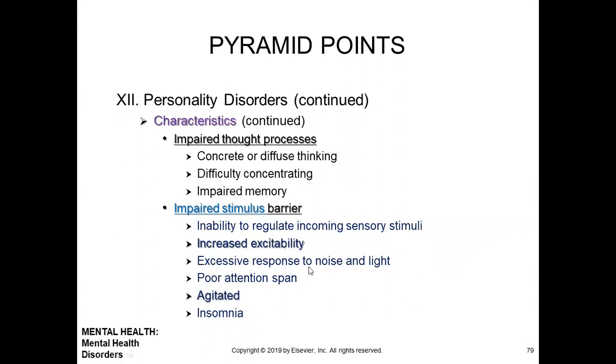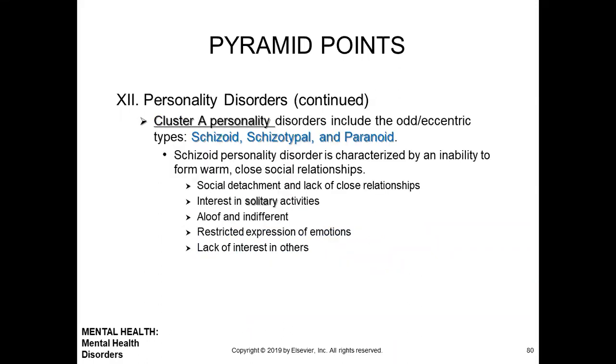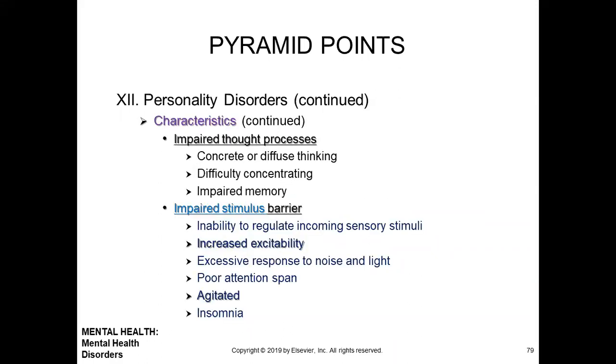Excessive response to noise and light, poor attention span, agitation, and also sleep disturbance or insomnia. Basically, it is difficult for them to adjust to the environment because they are not flexible. Their nature is very rigid.